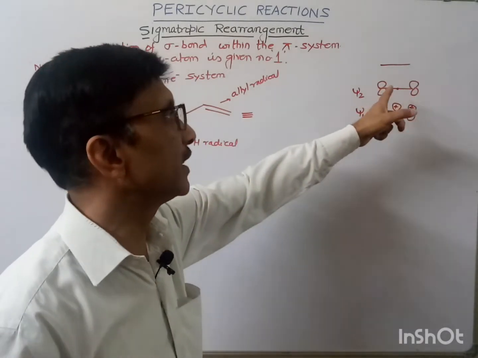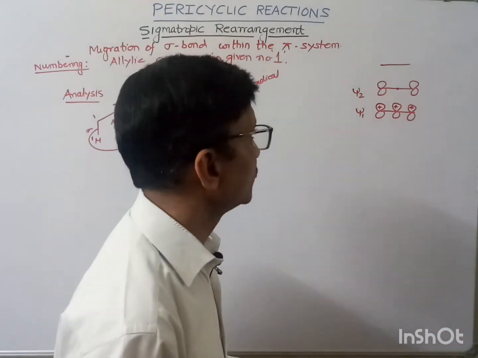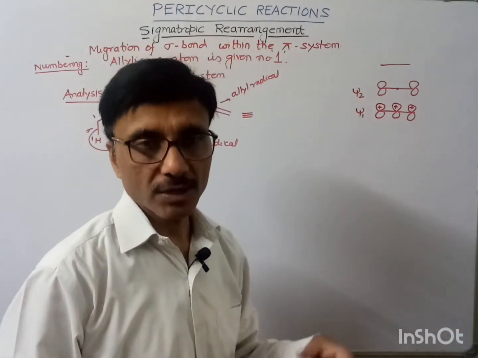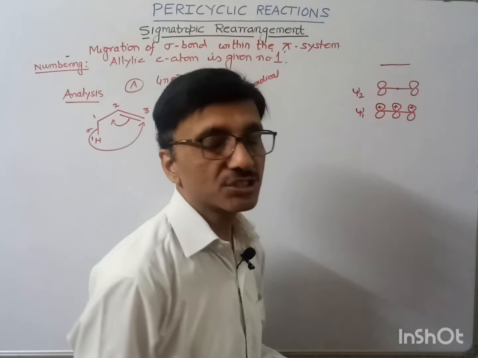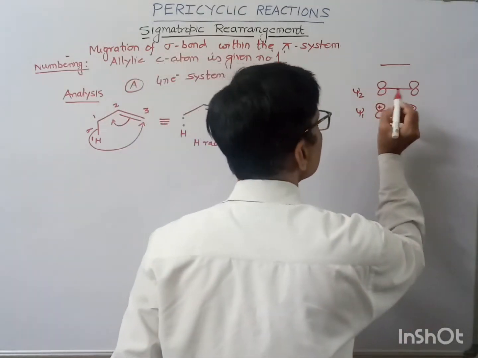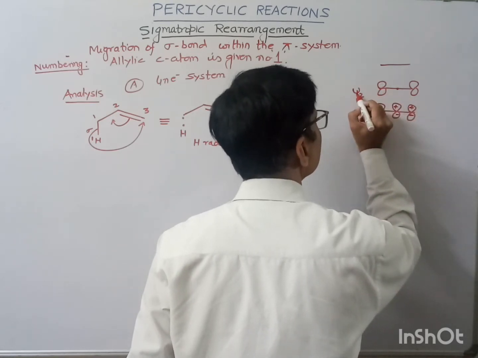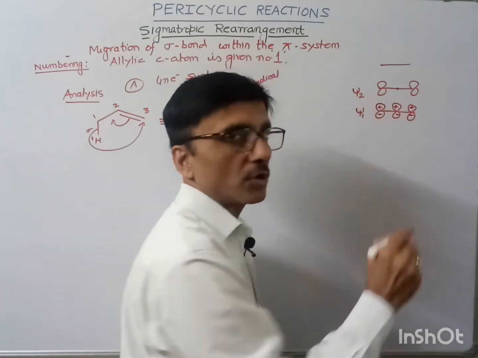I have already given you the lecture on how we can form the molecular orbitals for any allylic or unsaturated system. So this is plus, minus, and for psi2, because it is an even molecular orbital, the end orbitals have opposite signs.